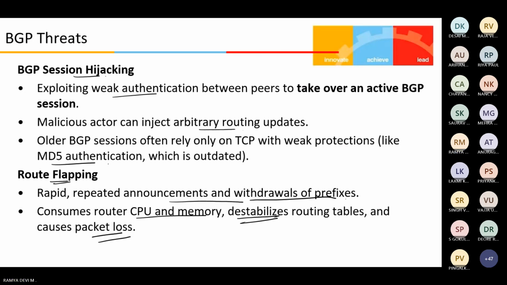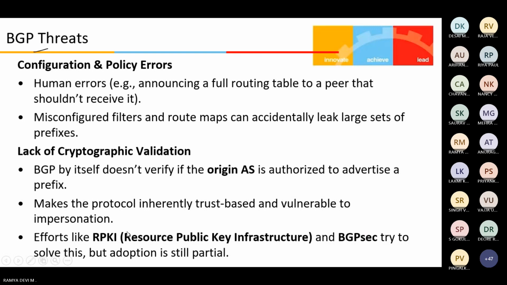The next PGP threat is configuration and policy errors. Human mistakes are the most common cause of PGP problems. For example, accidentally announcing a full routing table to peers who should not receive it.